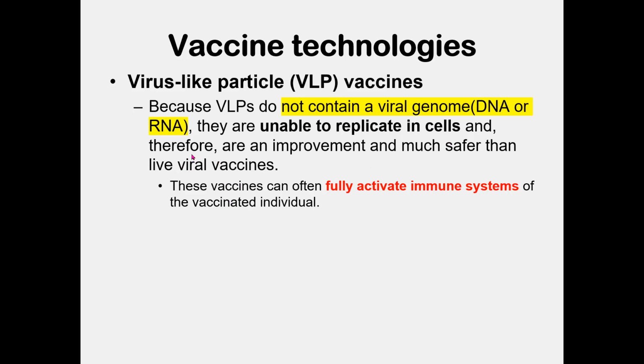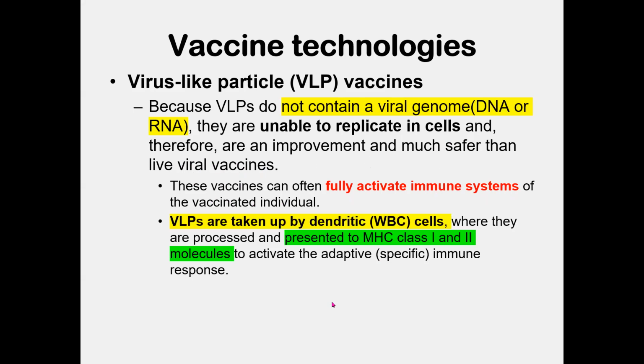because they used to put live but attenuated, modified viral vaccines once. So these vaccines fully activate the immune system. And so VLPs are taken up by another form of white blood cells called dendritic cells.